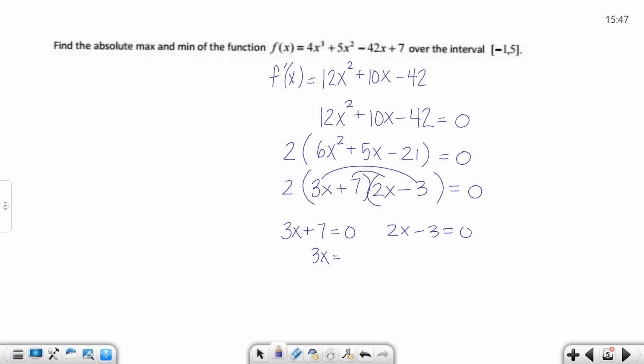Solving that out, we would get that x equals negative 7/3 and x equals 3/2. Those are our critical numbers.